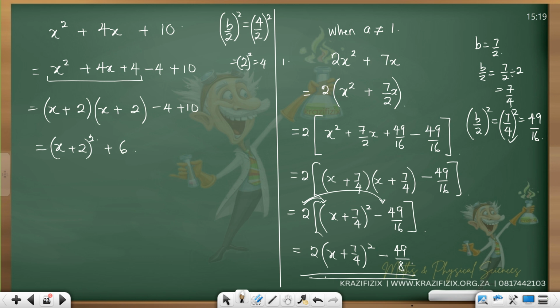Are we done writing? Don't worry if this looks clumsy. Like I told you, let me use a number that is divisible by 2. I think that would make it a lot more clear.